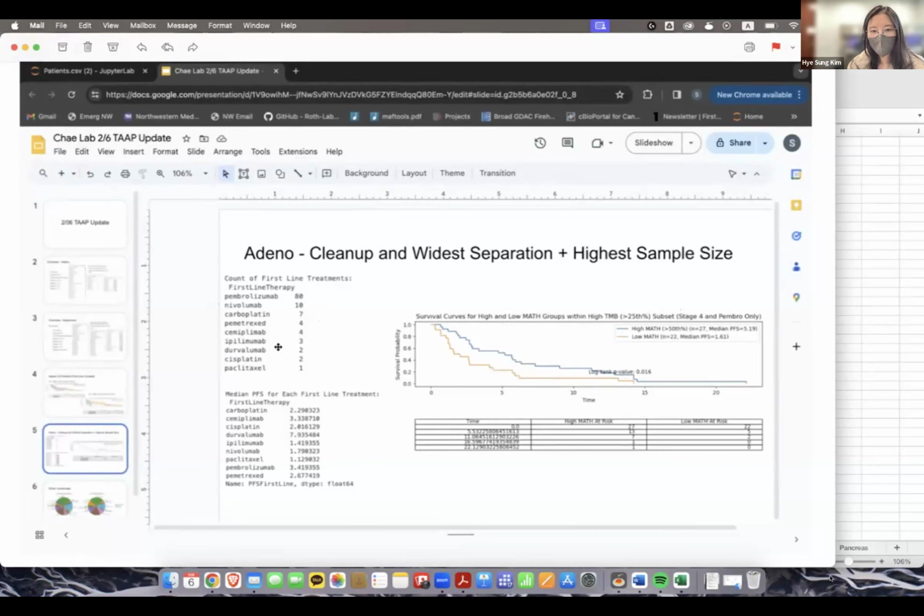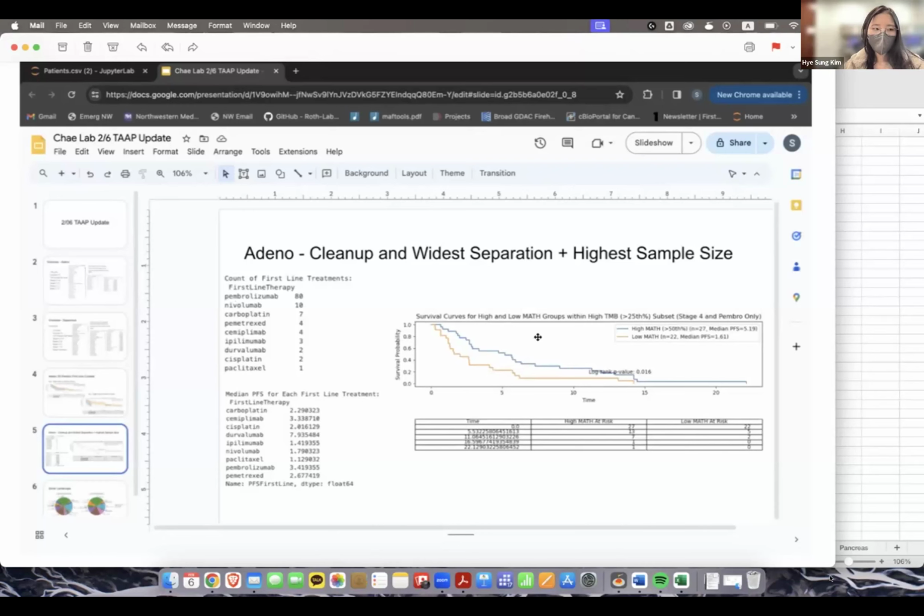On the left, I included a similar table to the other slides, just to give you an idea of what the total breakdown of therapies was once I increased the sample size by calculating more progression-free survival values.